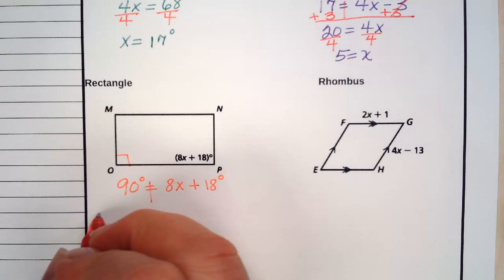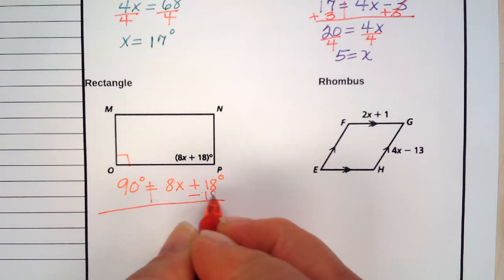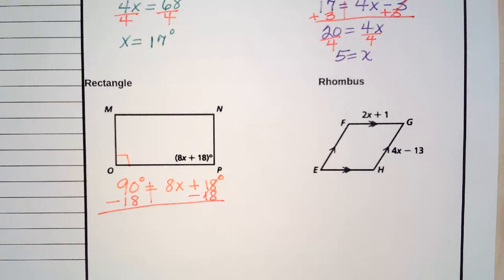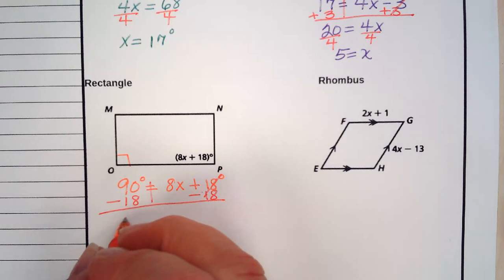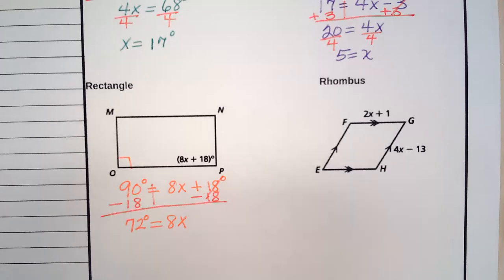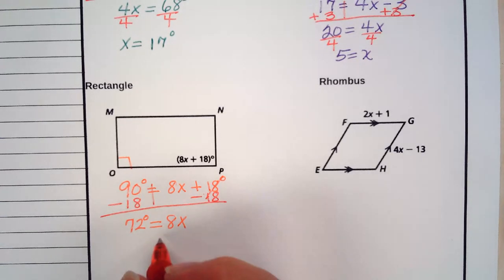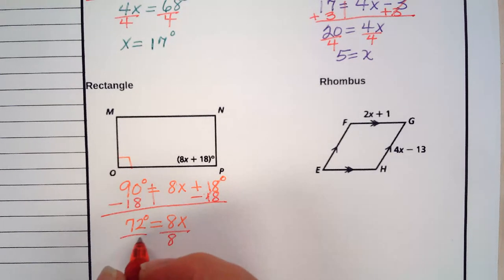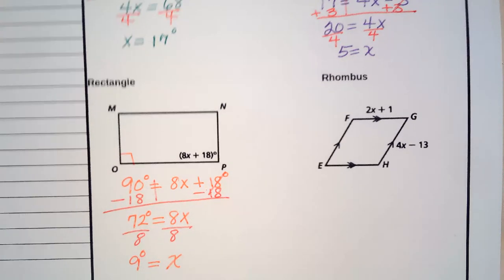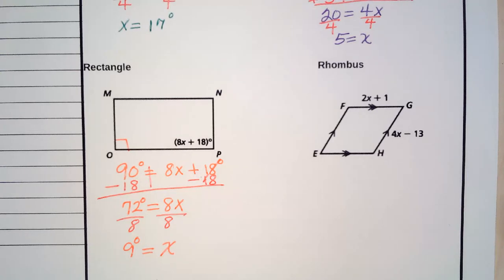Start by subtracting 18 from both sides. Okay, so that would be 72 degrees is equal to 8x. Last step, divide by 8. 72 divided by 8 is 9. So 9 degrees is equal to x. I hope you tried and that's what you ended up getting when you solved.